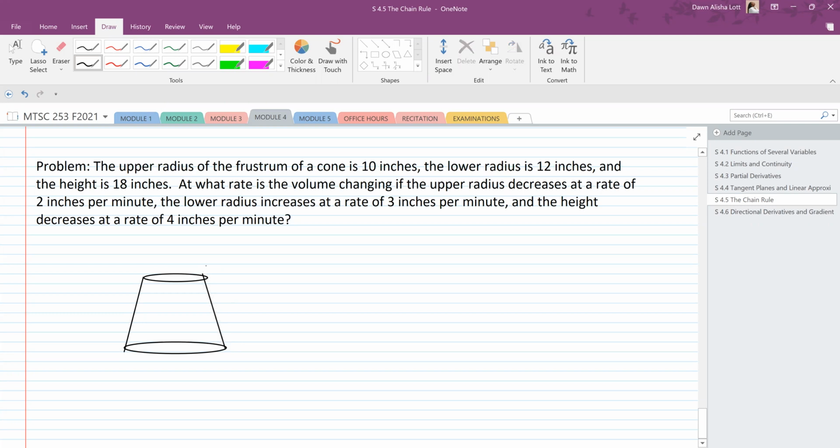Okay, so as you can see, this is the frustum of a cone. All right, my line is not really in a good place. Okay, so can you see the frustum of the cone now? Yes. Good. That's what I need. Okay, so here's the height.